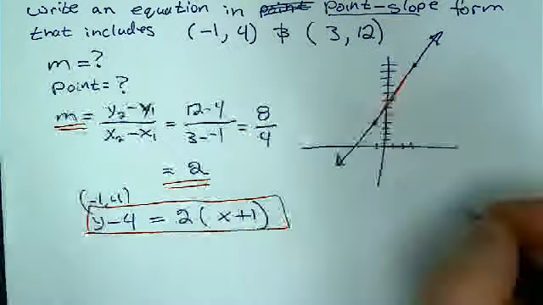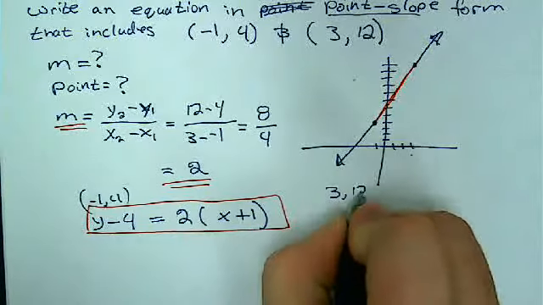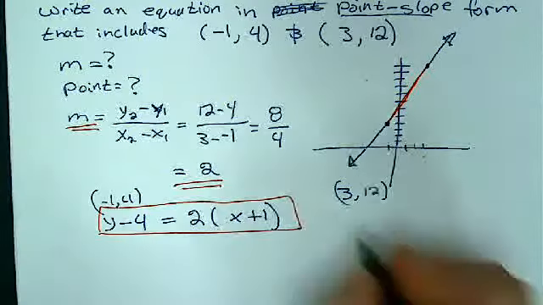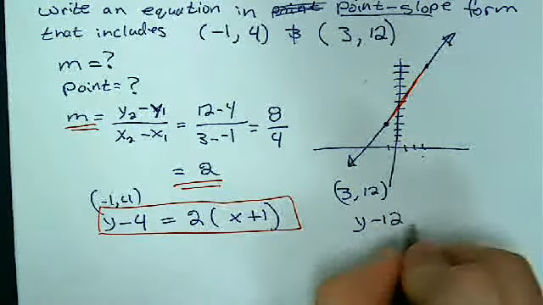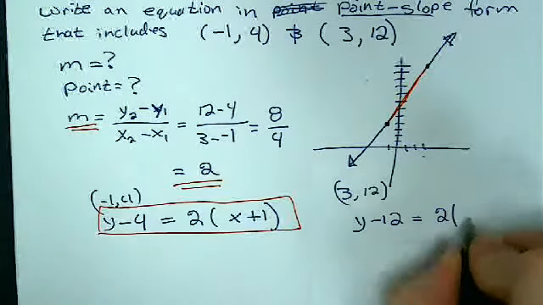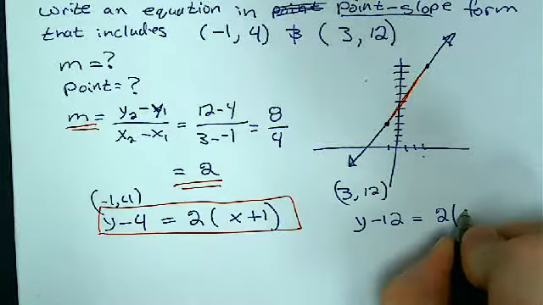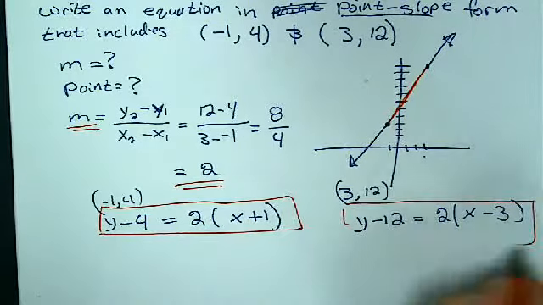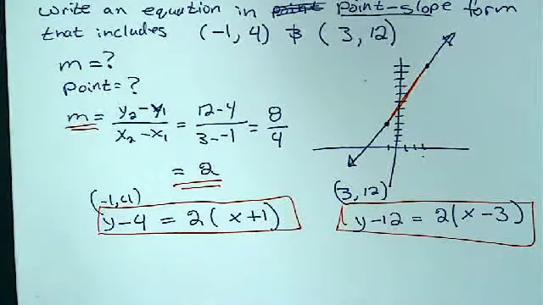Now I also can say, what if I use 3, 12 instead? That would then be y minus 12 equals, again, slope was 2, times x minus 3. Now these 2 equations actually give me the same line.